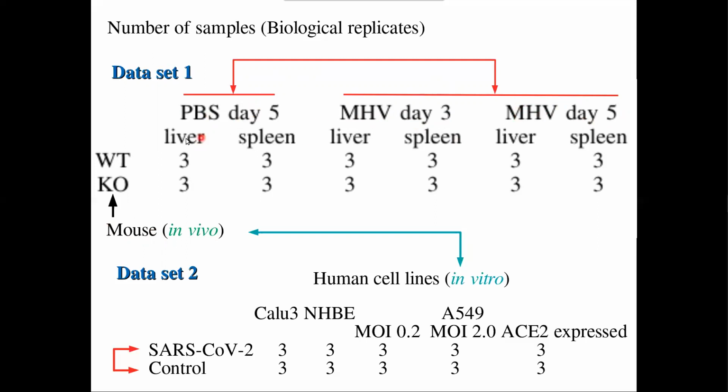There are two tissues, liver and spleen, and there are also two distinct genotypes. The purpose of this study is to identify genes expressed distinctly between control and infected mouse, independent of the tissue and genotype.